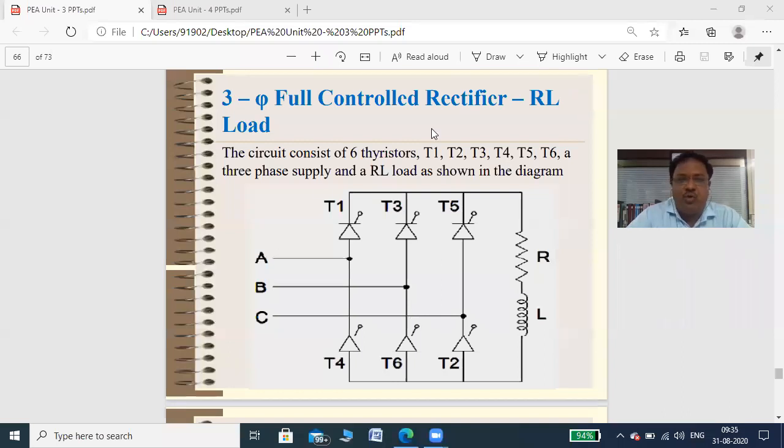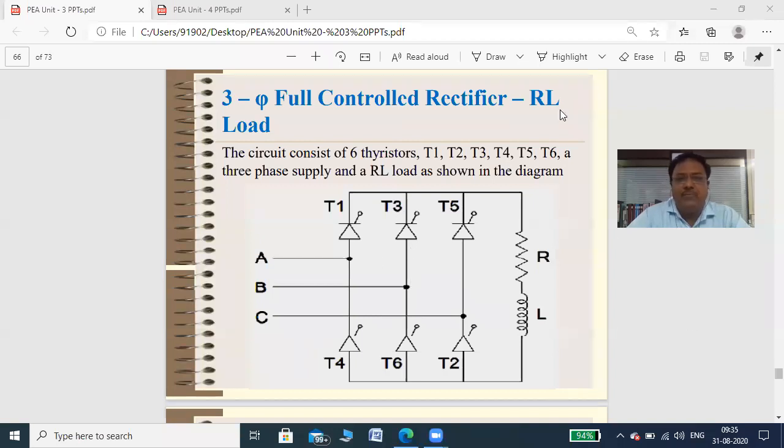So first 4, total 8 questions, 8 plus 7, so it may be approximately 15 topics we have covered during these lectures on unit number 3. All these topics we have already covered. Only one last topic, the application of converters, remains.